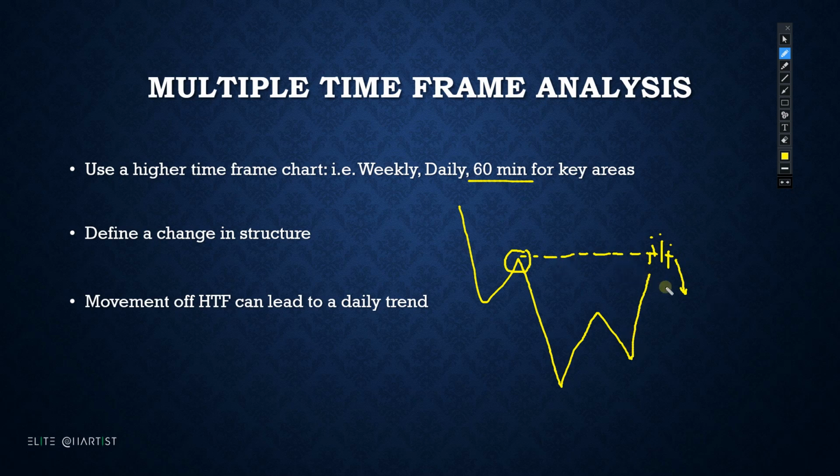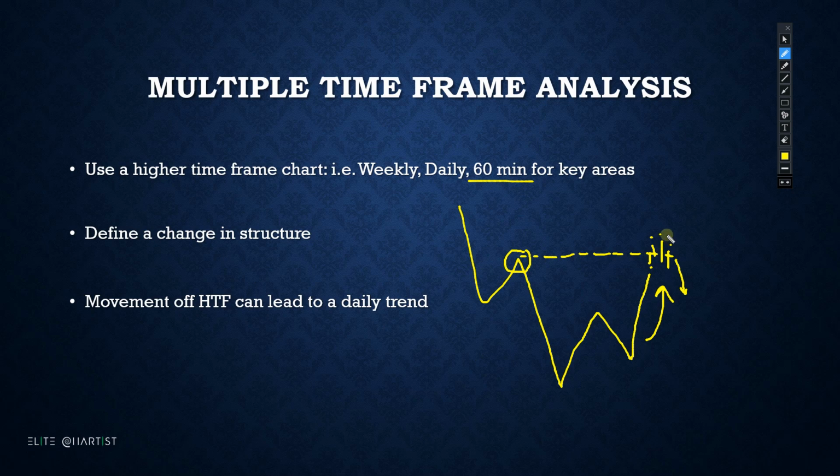So what you want to do is have the area marked, but on your smaller time frame, determine what would be considered the change in structure that would allow you to start to look for shorts, even though you were in an uptrend leading into a higher time frame level. So that's how you're painting the picture between a higher time frame all the way down to your execution chart.